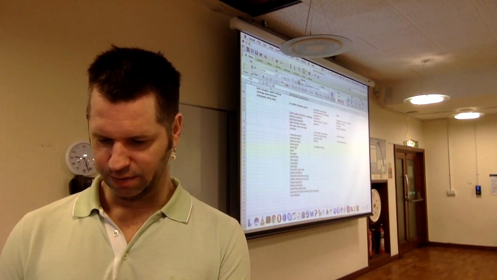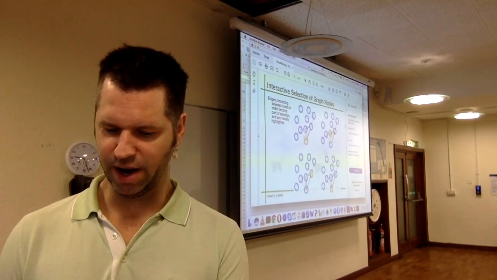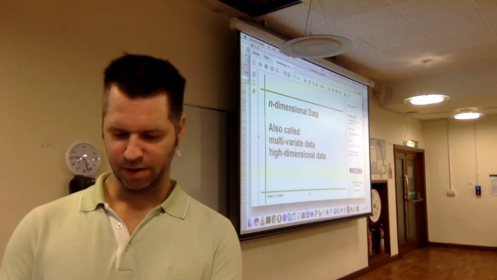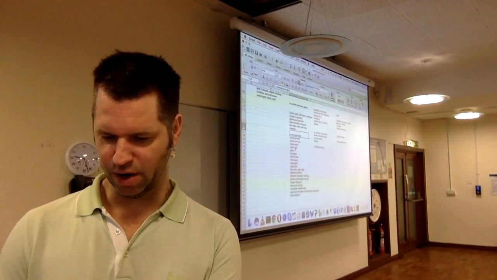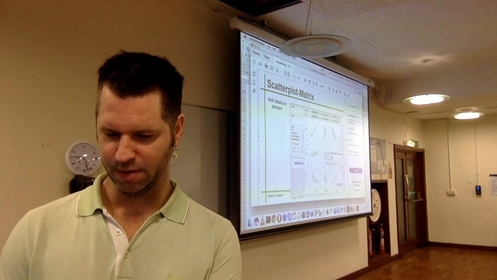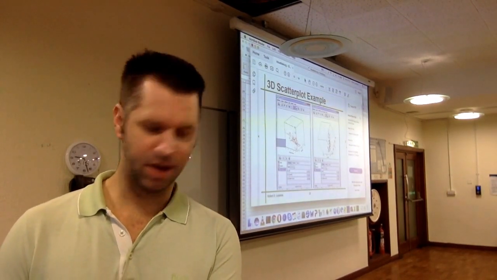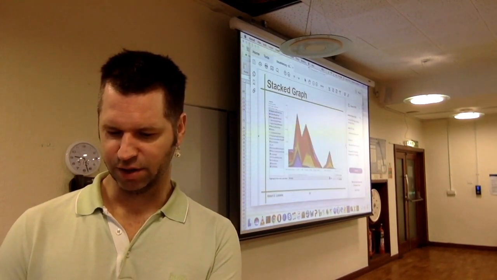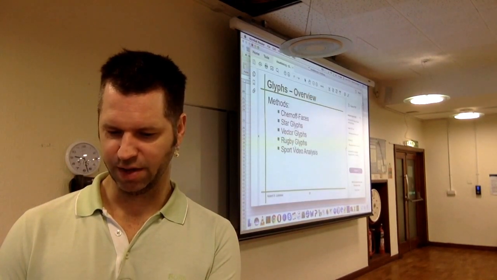N-dimensional data. So these are all n-dimensional or multivariate or high-dimensional visualization techniques, and there are a number of them here. A scatter plot matrix, an interactive scatter plot matrix, the 3D scatter plot, stacked bar chart, stacked graph, matrix chart, and then glyphs.